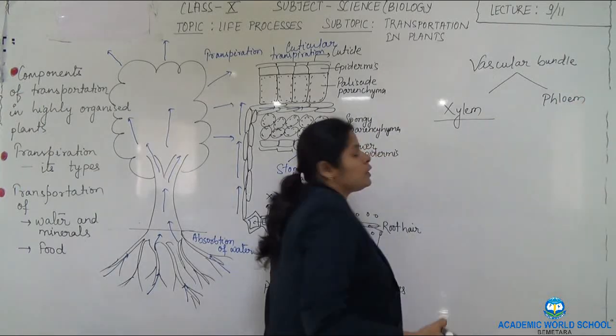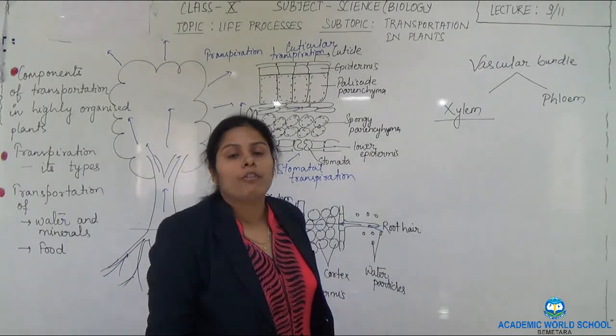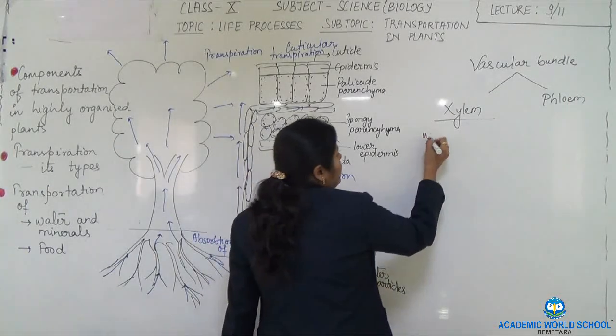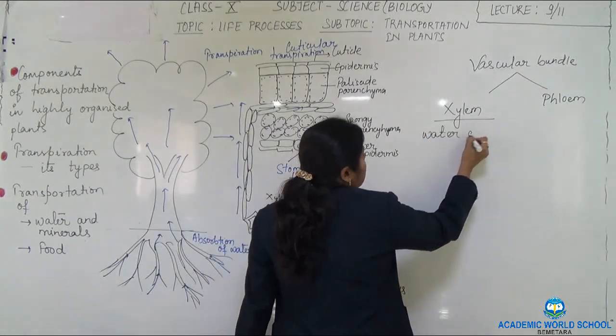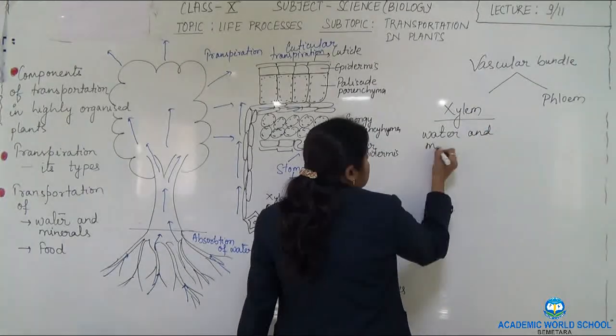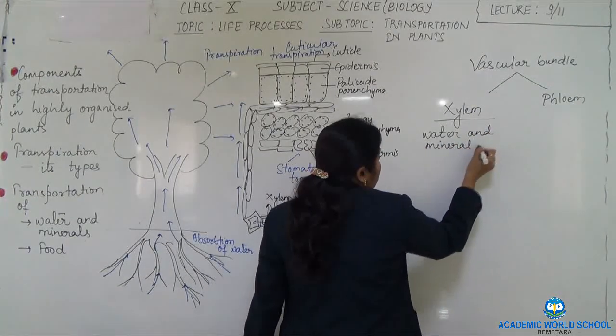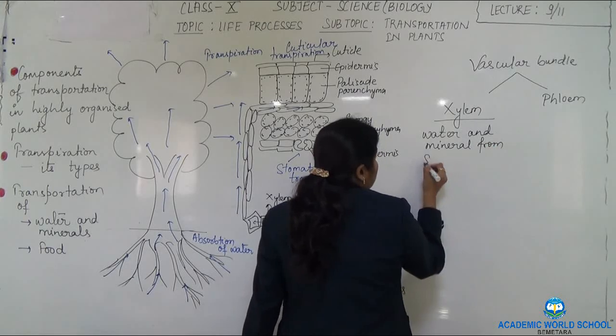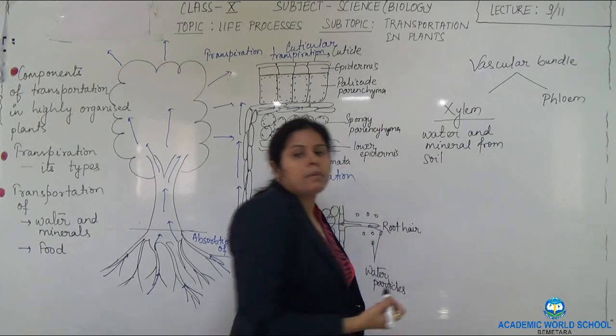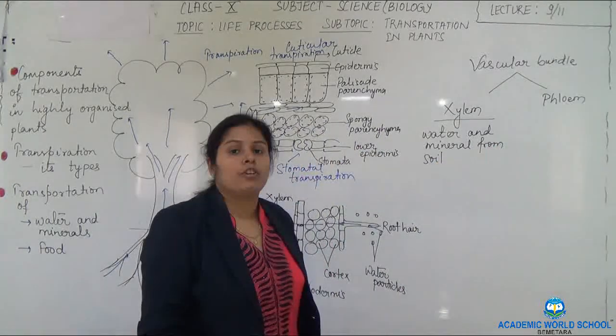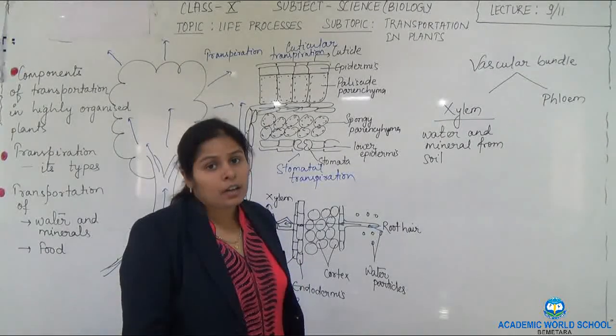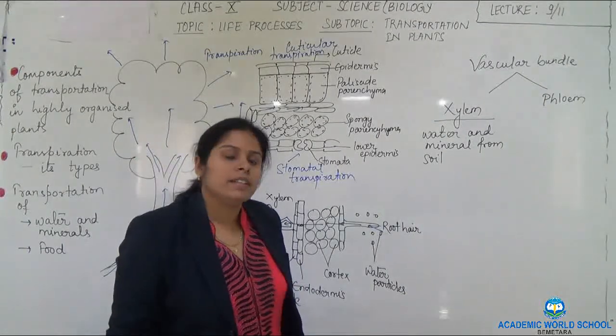This xylem is responsible for transportation of water and minerals. It transports water and minerals from soil to different parts of the plant. It conducts the water from the soil upward to different parts of the plant.